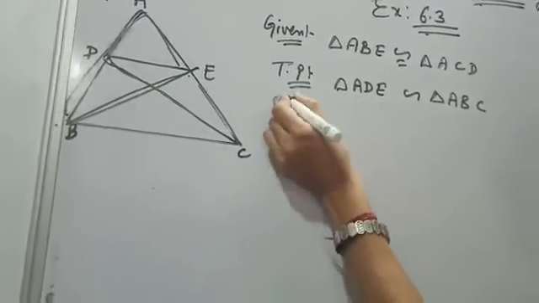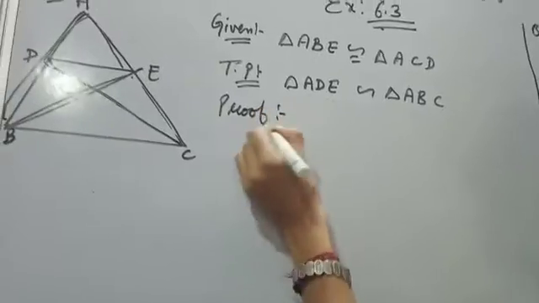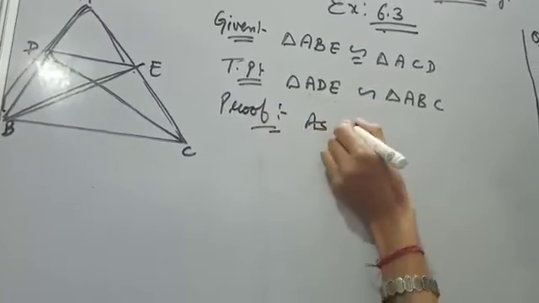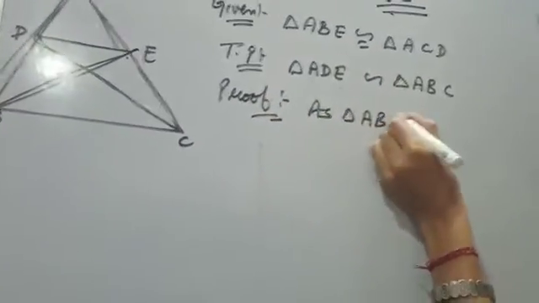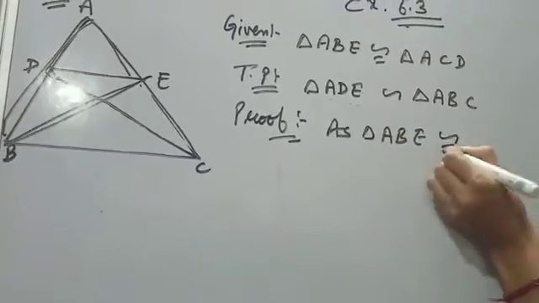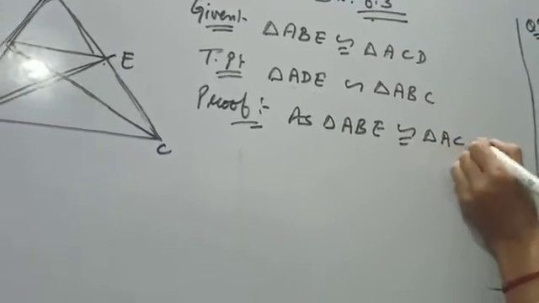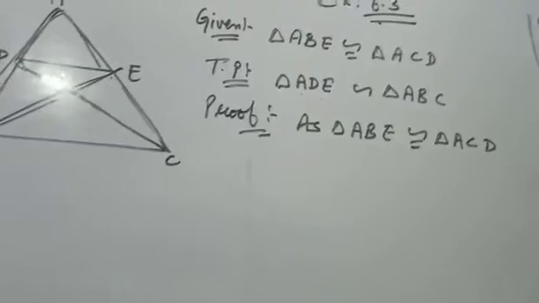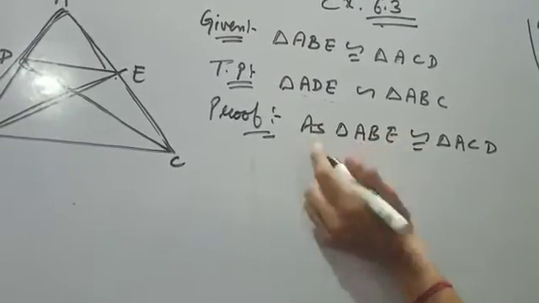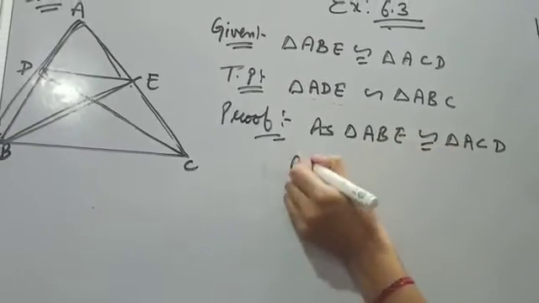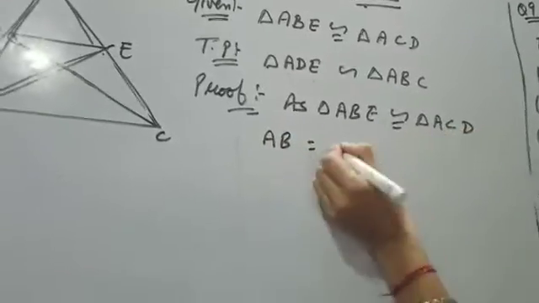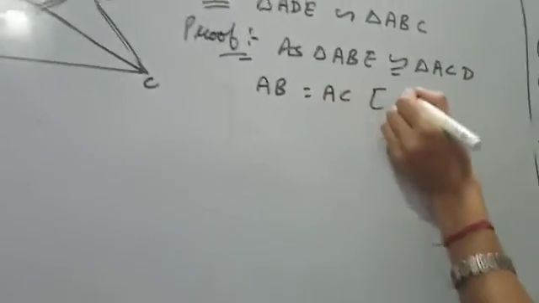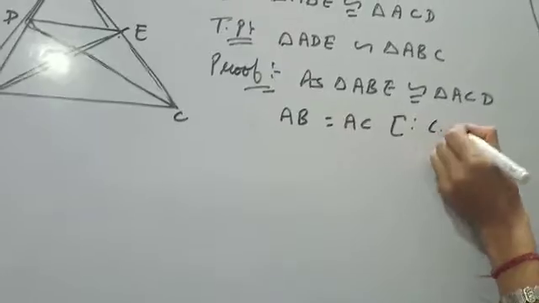How can we show that? Here in the proof, it is given that triangle ABE is congruent to triangle ACD. Congruent means lengthwise also equal. So we can write AB is equal to AC, corresponding parts of congruent triangles, by CPCT.